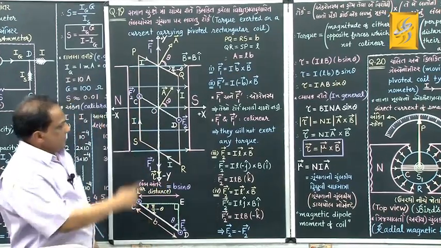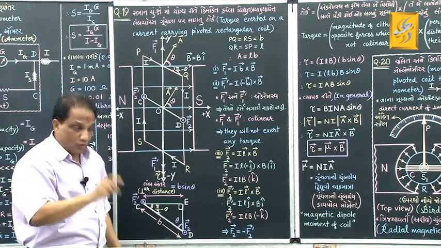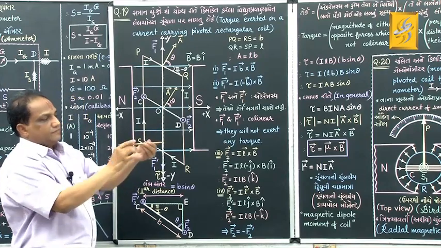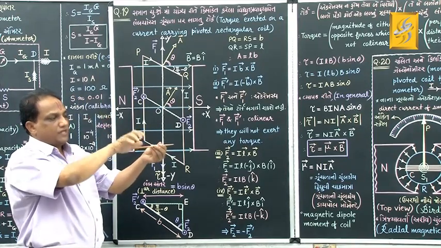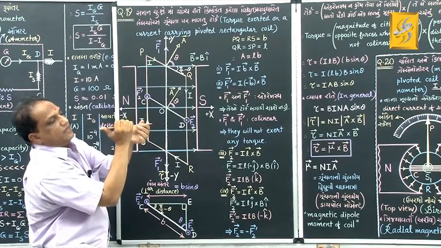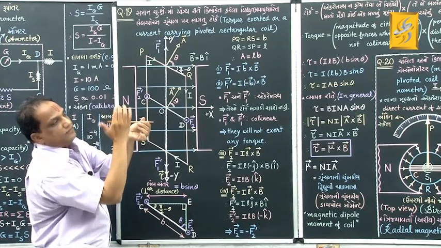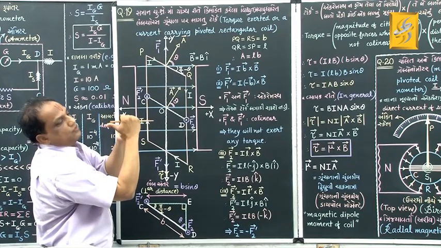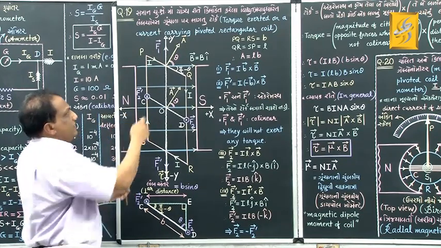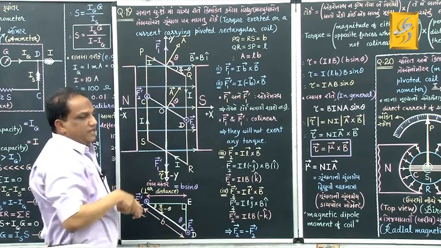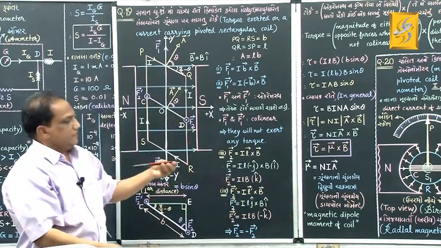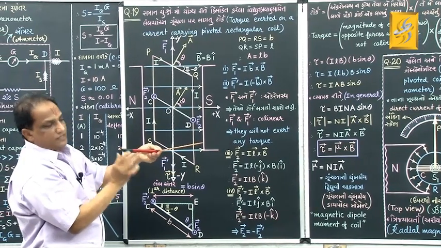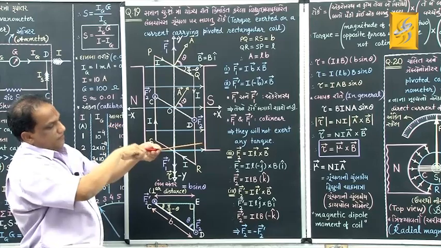Now tell me, if you reverse the direction of current, suppose you pass the current in this direction, then the same axis you must hold with the right hand palm this way. Fingers should take the turn in the direction of current. Then the thumb will show you this direction. So at that time vector A will be like this, and vector B is like this.